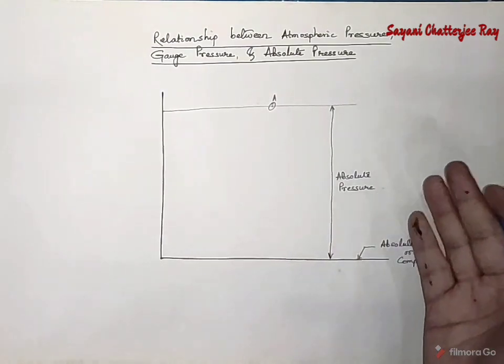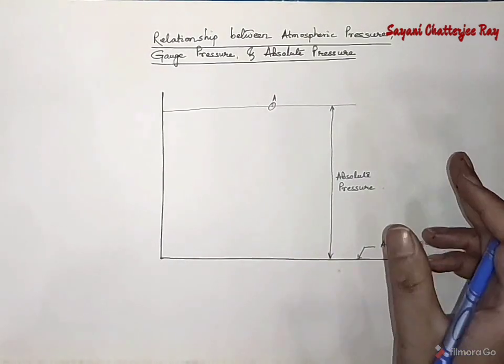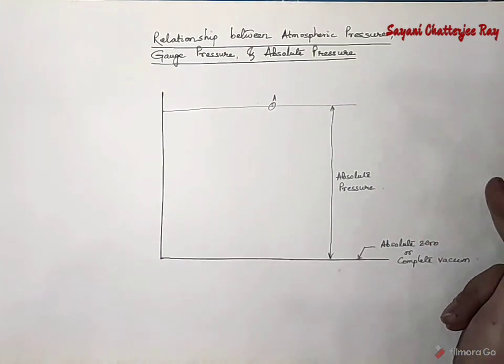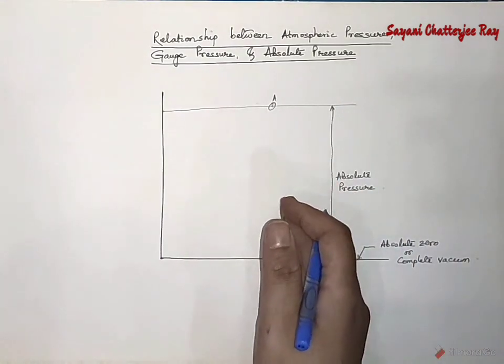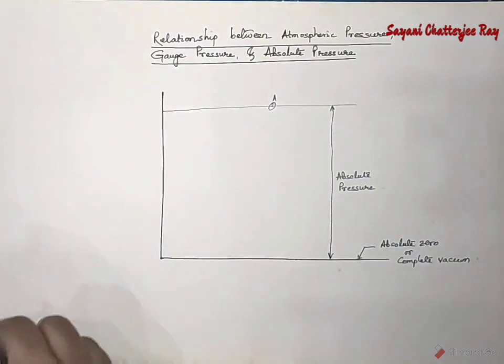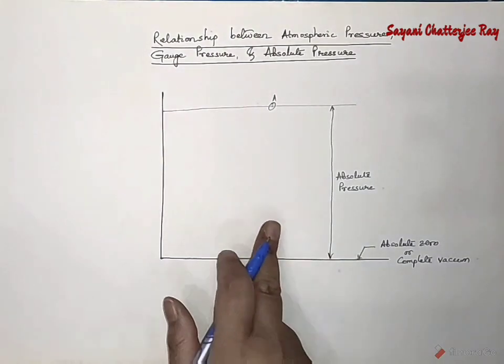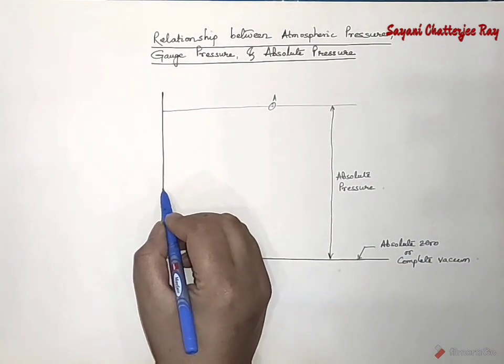So I have told you two formulas for absolute pressure, that is atmospheric pressure plus gauge pressure and atmospheric pressure minus gauge pressure. That relationship we will be plotting here. Now this one will be the absolute pressure, total absolute pressure. Another level I will draw.